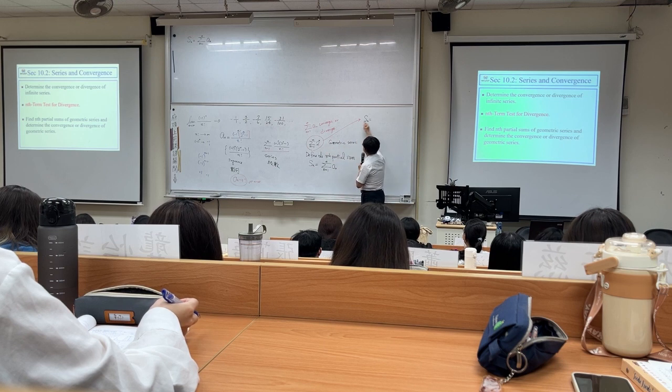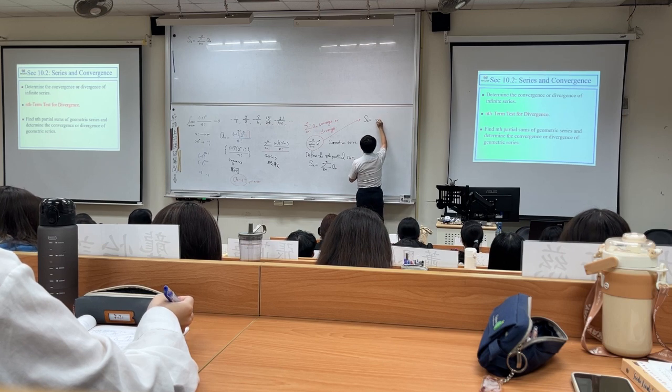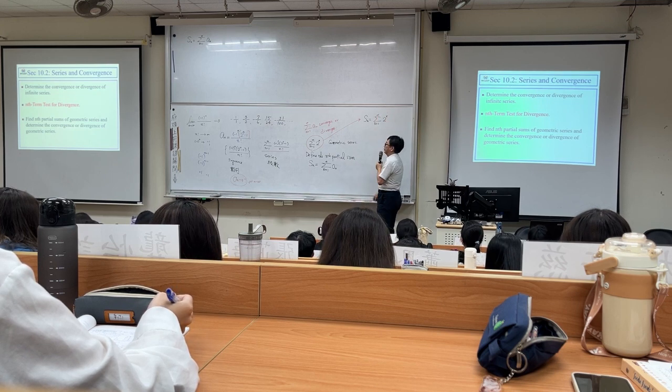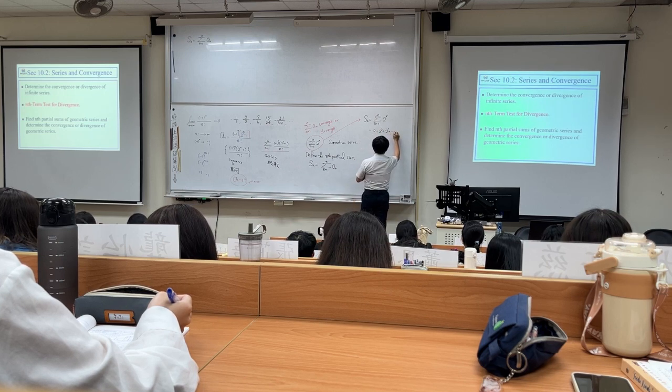S_n will be the summation k from 1 to n of 2 to the k. That's the n-th partial sum. So it equals 2 plus 2 squared plus 2 cubed up to 2 to the n.